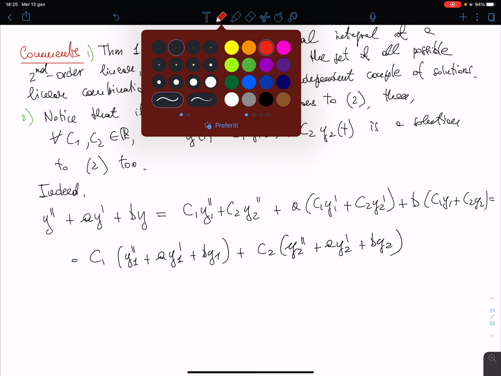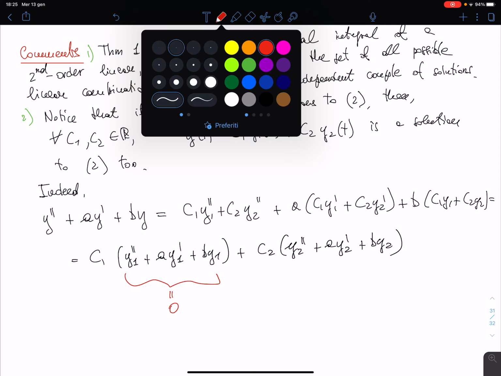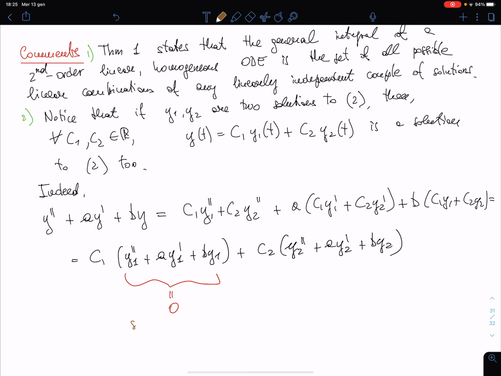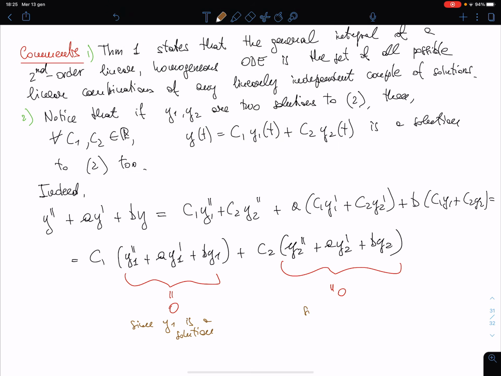But whatever is in the brackets, for instance this one, is equal to 0 because y1 is a solution. In the same way, this one is equal to 0, since y2 is a solution, solution to what? To the equation 2.